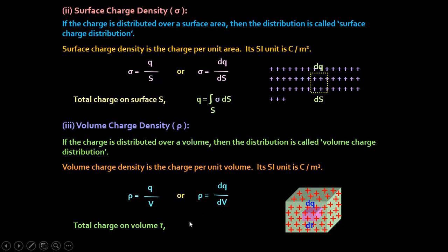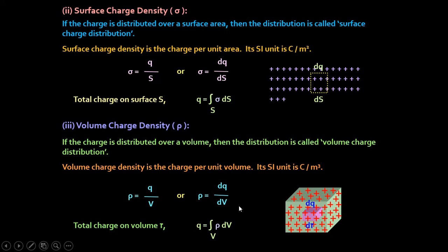And the total charge on the volume can be calculated using this formula: Q equal to integration over the volume V. Here you have to write dQ equal to rho into dV. So use this formula to calculate the total charge, and if you know the value of volume, then rho equal to Q by V gives the volume charge density.